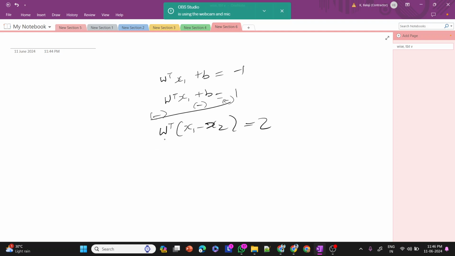To remove this transpose, we need to apply the norm. When applying this norm, it will regularize the model. What is regularization?